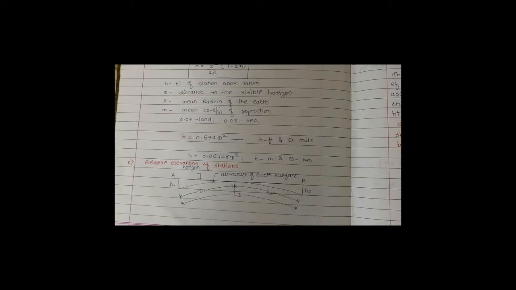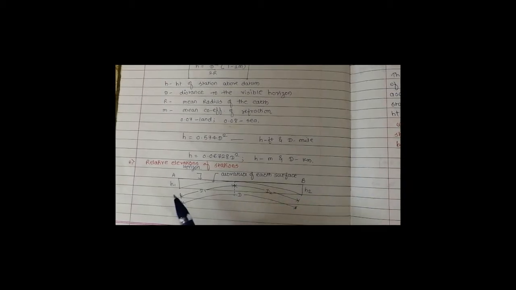If you know the elevation of A and the distance D between A and B, where H1 is the elevation of station A above datum. In this procedure, we only use one formula, that is H equals 0.06728 into D square.